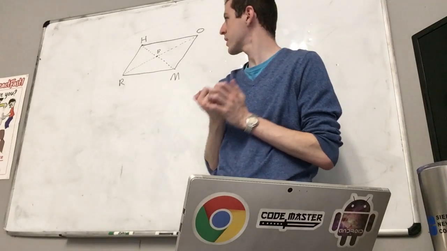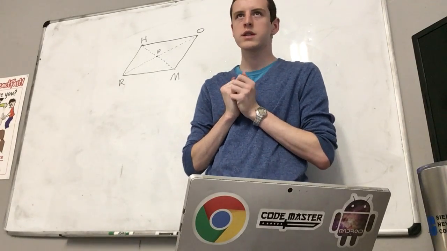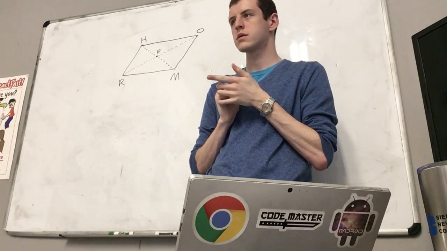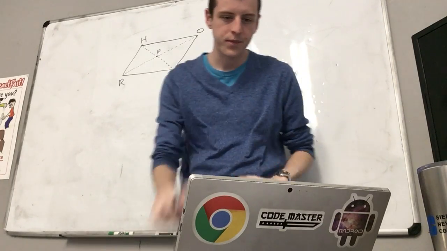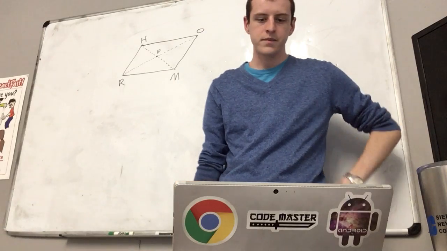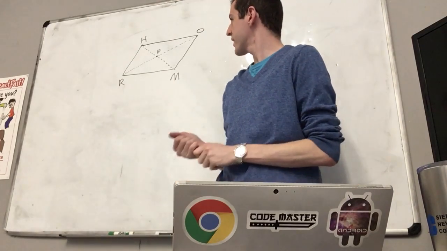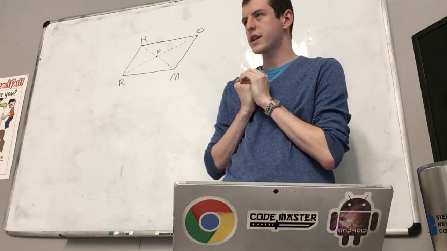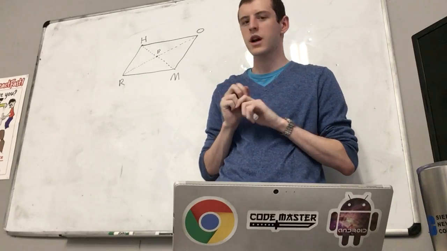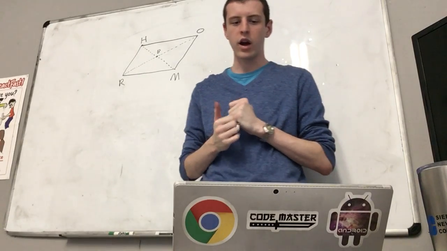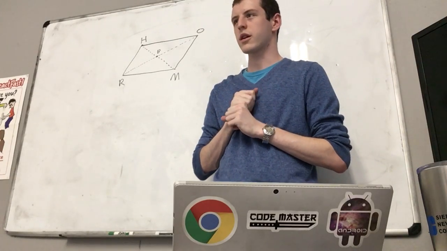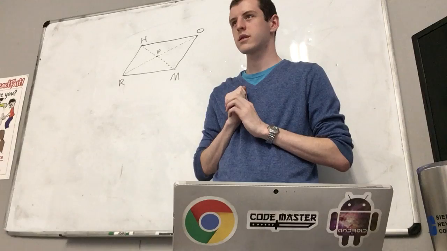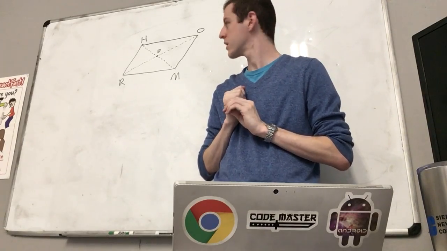First of all, what shape does this look like? Parallelogram. Perfect. So if I said this is a parallelogram, are all four sides congruent? Not necessarily. Are the diagonals exactly perpendicular? Not necessarily.